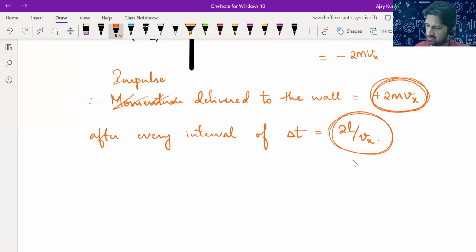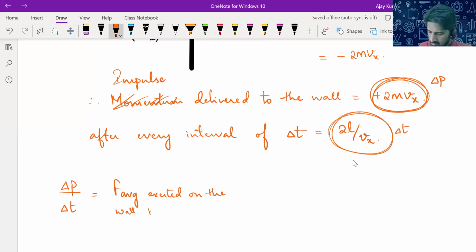So impulse means change in momentum and interval is delta t. If you know delta p and delta t, dividing them will give you the average force acting on the wall, or I can say average force exerted on the wall by one molecule. We have only considered one molecule so far.